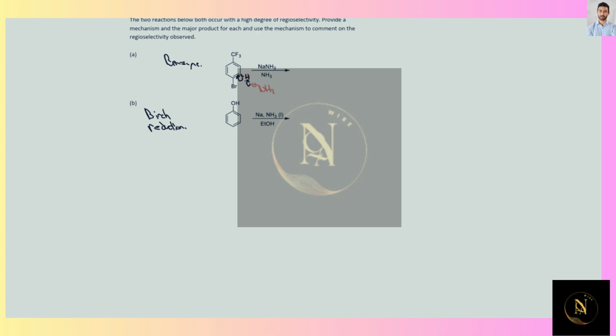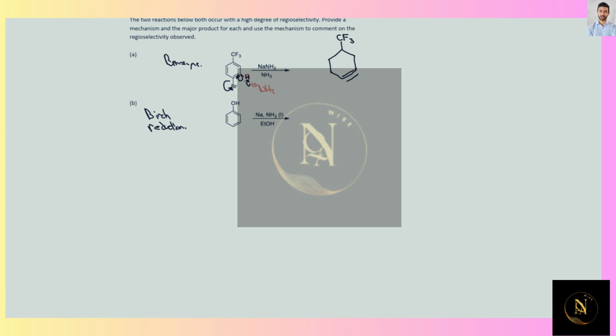When we do this, the Br is going to be taken away by this substitution. So what we're going to get is an intermediate that is going to contain a triple bond over here. We're going to have our CF3 on this position.